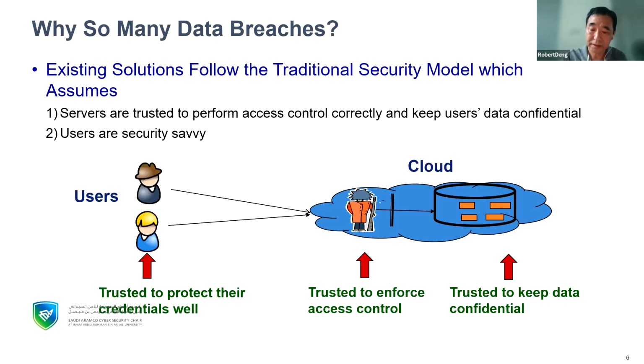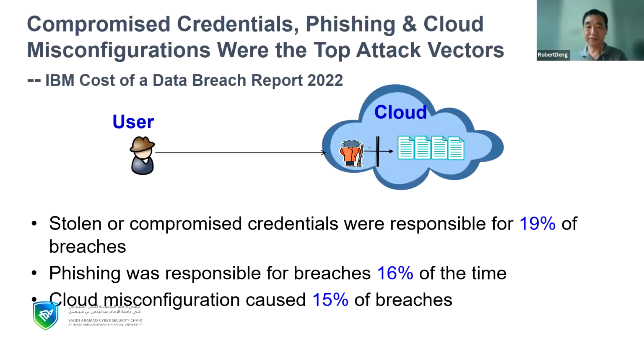The problem is that in the cloud, we have a zero trust environment. The traditional model does not apply anymore. In the IBM report on the causes of data breach, it mentioned that the top attack vector for data breach in the cloud is the compromise of personal users' credentials or the misconfiguration of the cloud.